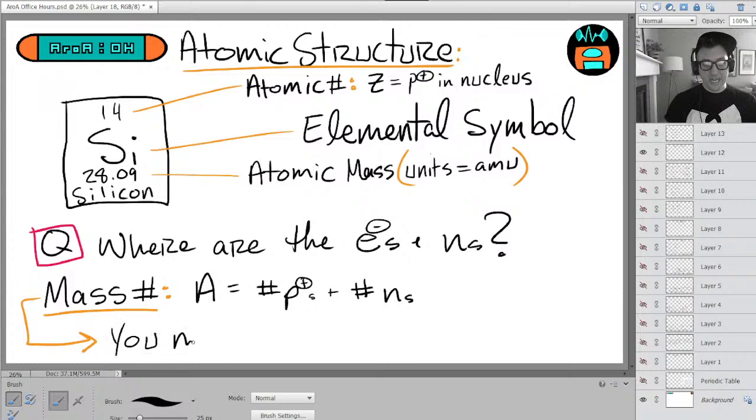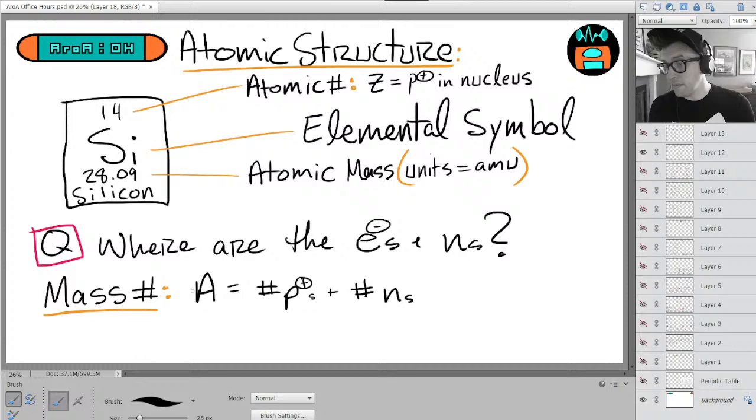The mass number is not present on the periodic table. You have to be provided that information because the mass number identifies the isotope of an element that you're dealing with.